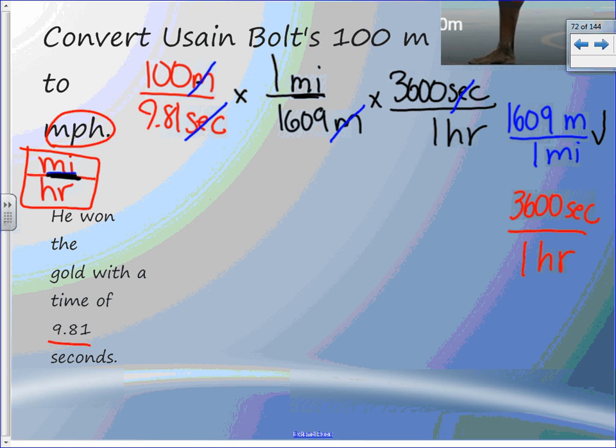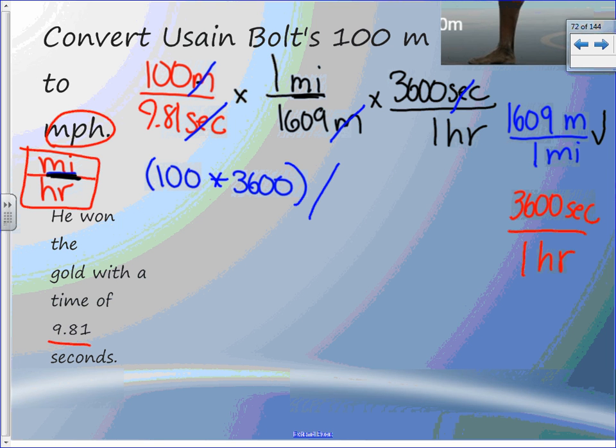So when you go to calculate, whatever is in the numerator gets multiplied. So parenthesis, 100 times 3,600, that's our numerator. Then you divide by whatever is in the denominator. Now, how many things do I need to multiply in my denominator? Two.